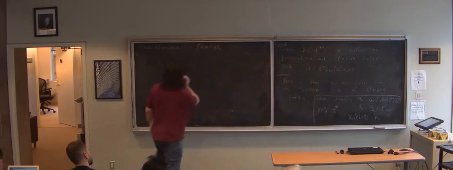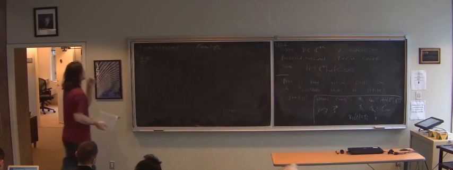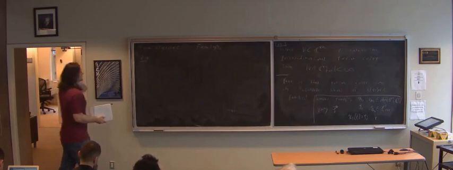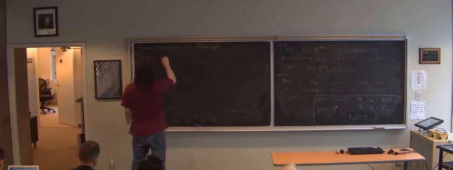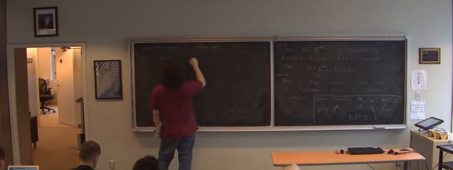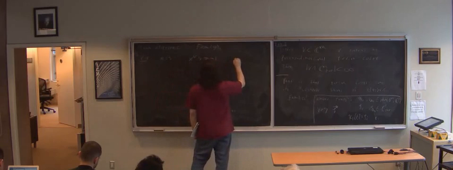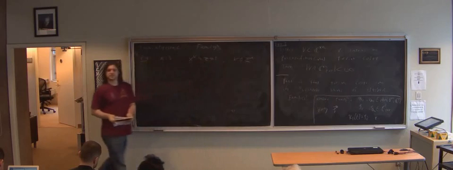Okay, so one easy example to keep in mind is if you take n equals 3 and look at the family where x to the k times y times z is equal to 1. k is some positive integer.